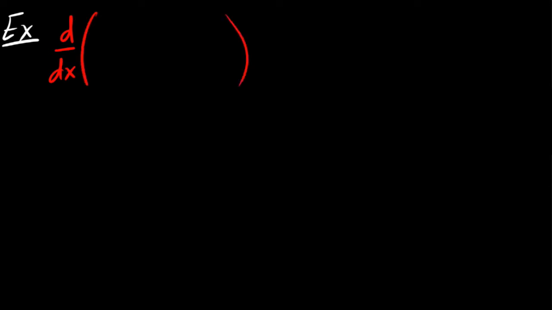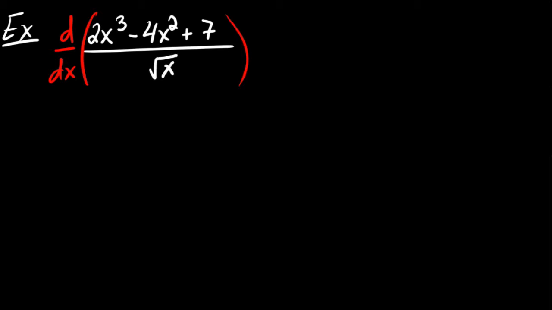of a fraction. Now, whoa, getting crazy. Let's say it's 2x cubed minus 4x squared plus 7 over square root of x. Now, first off, you might be tempted to go, hey, let's just get the derivative of this guy, this guy, this guy, and this guy using the sum rule and constant multiple rule.